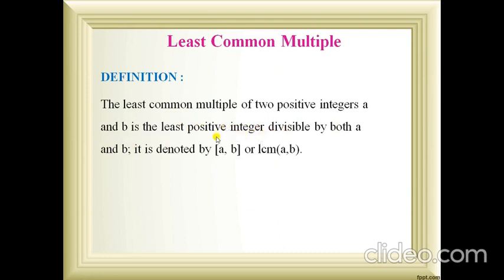Here, the least positive integer divisible by both A and B is the LCM. It is denoted by the closed interval [A, B]. So simply, the closed interval [A, B] represents the least common multiple, or LCM, of A and B.